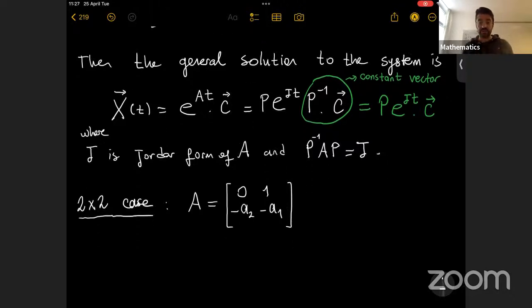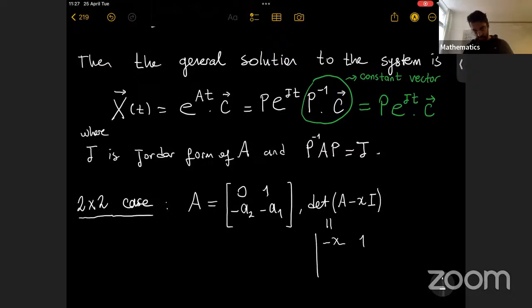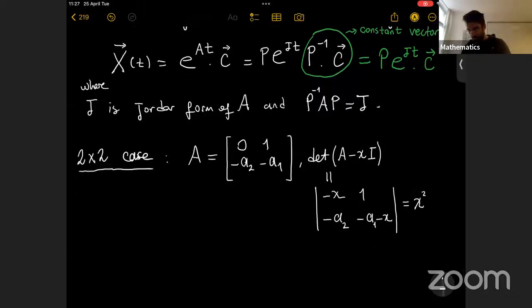To find the solutions of the system, we need to find the eigenvalues. To find the eigenvalues, we look at the determinant of A minus lambda I, which is minus lambda here, 1 here, minus a2, minus a1 minus lambda, and the determinant becomes lambda squared plus a1 lambda plus a2.